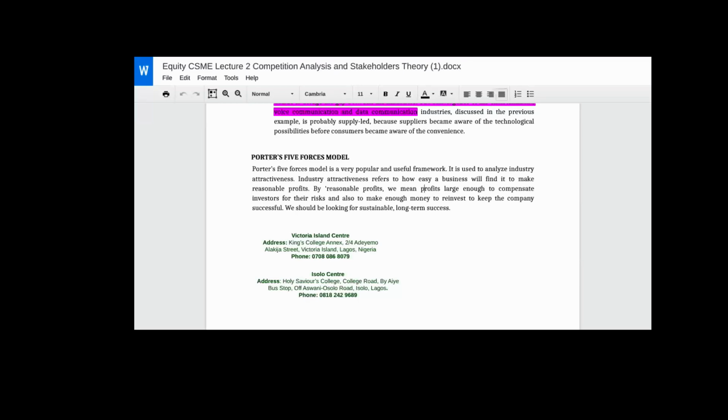How can we have an edge over other competitors that are in the market? So all these things are what we use the Porter 5 forces model for.